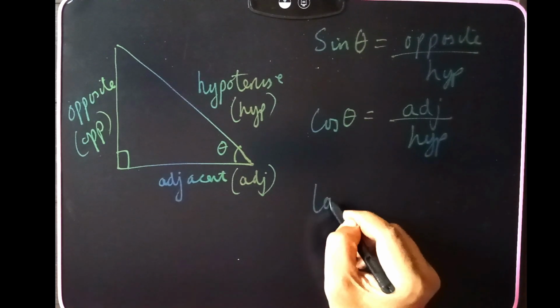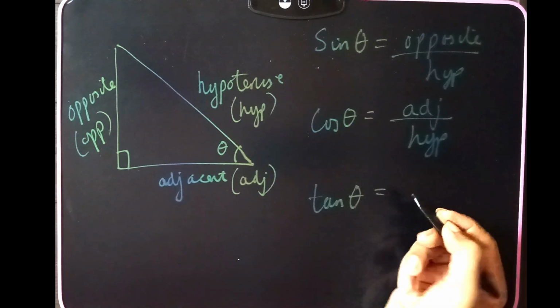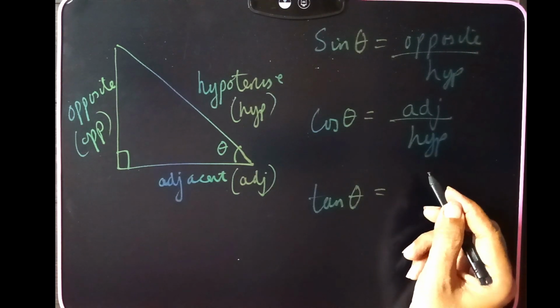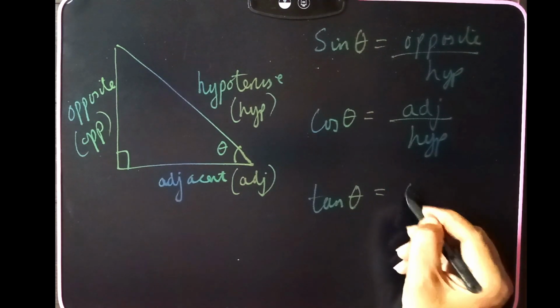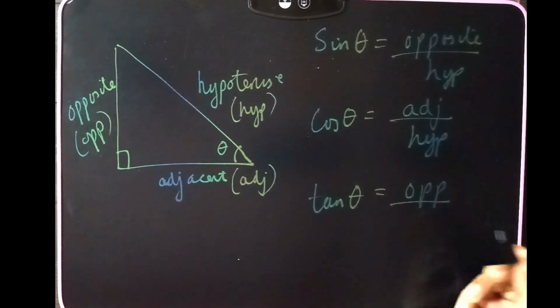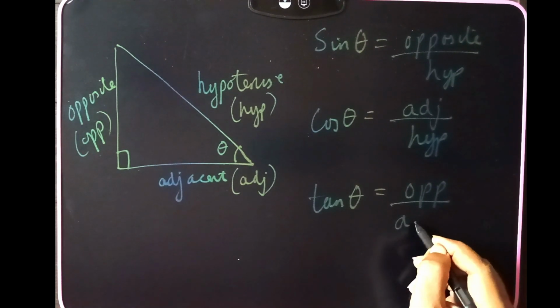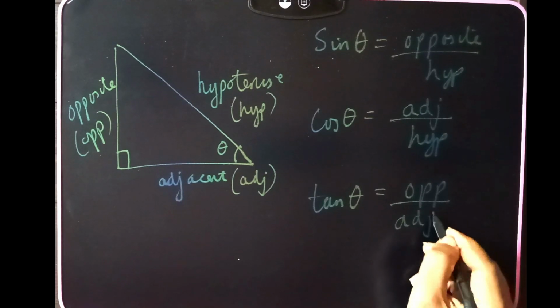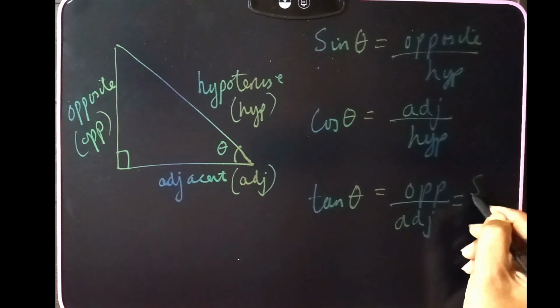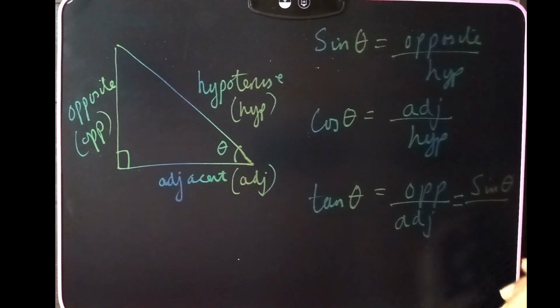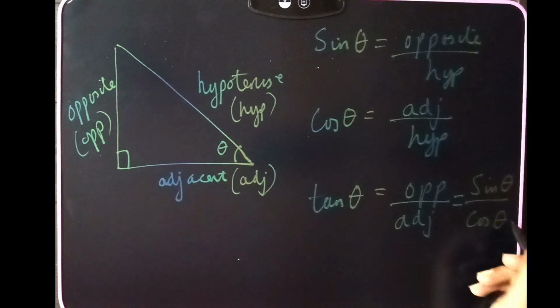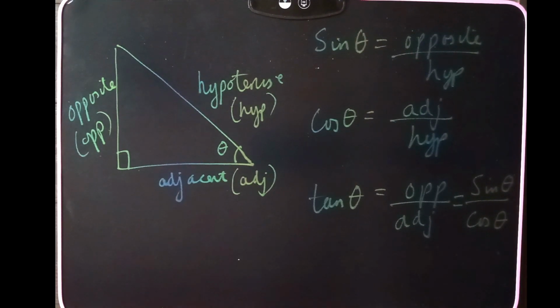And then you have another ratio called tan theta, which is opposite divided by adjacent, and is nothing but sine theta divided by cos theta. This is another way of representing tan theta.